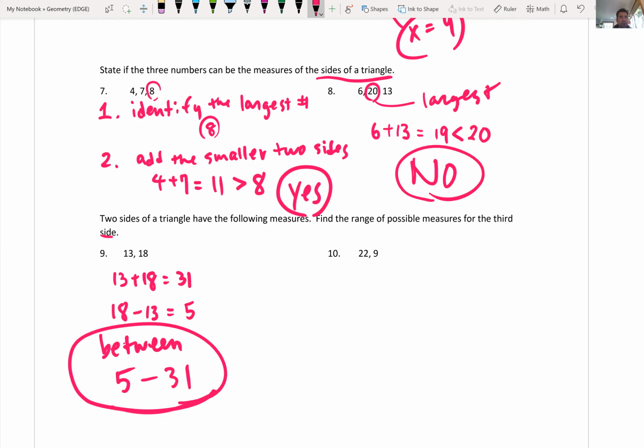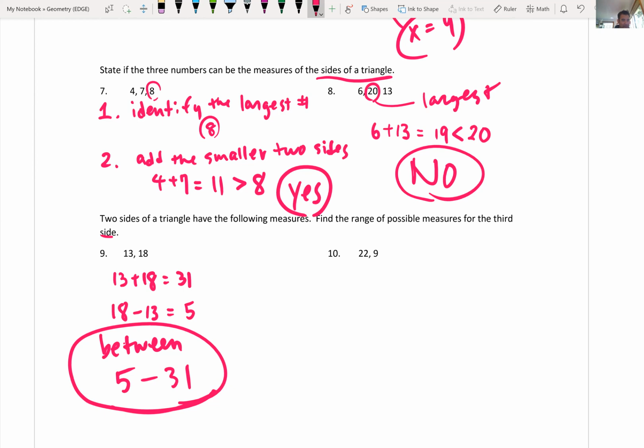So any number you pick between 5 and 31 will work. Like, let's say 6. 6 will work. 13 plus 6 is 19, right? 19 is bigger than 18, so it works. 30 is going to work because 13 plus 18 is 31.